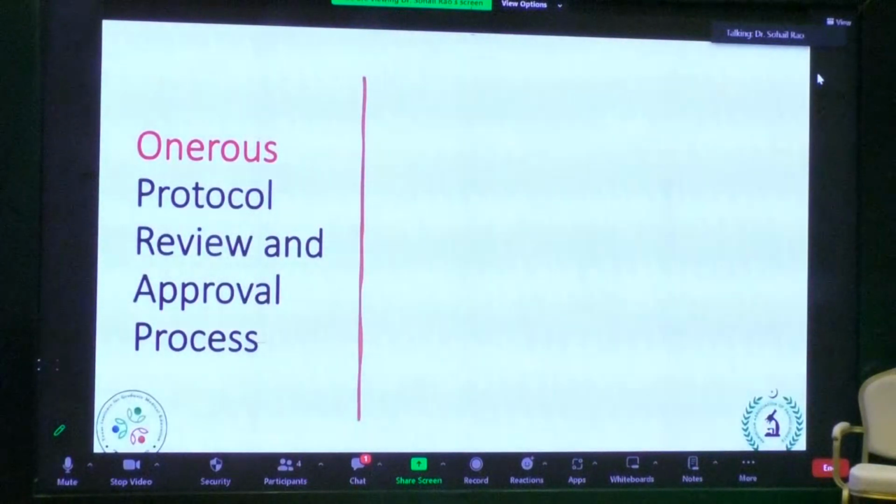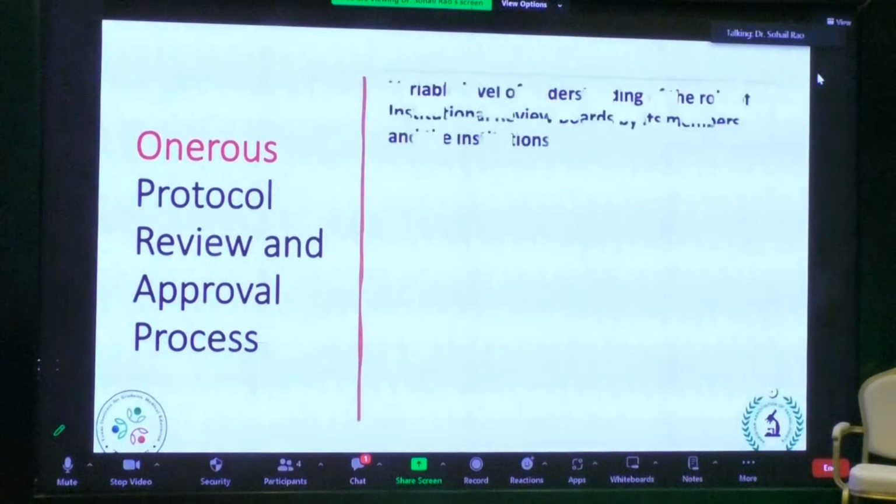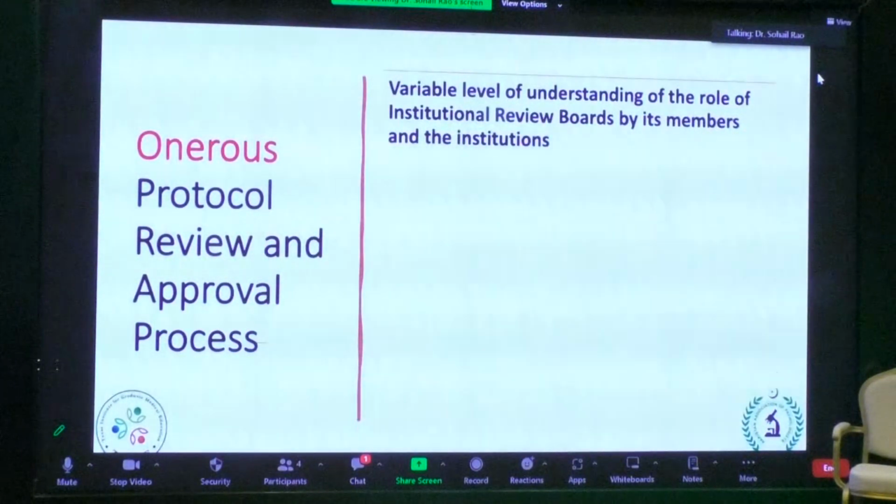The protocol review and approval process is extremely arduous. There is a variable level of understanding of the role of the IRB in various institutions. Many IRBs have become scientific review boards, and that is not the role of the IRB. The role of the IRB is protecting the patient and the patient's information.